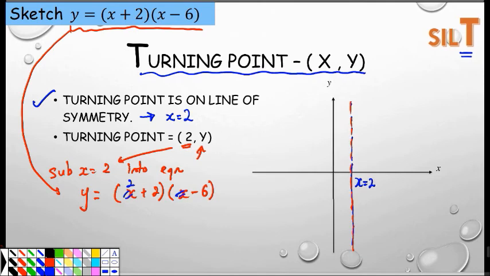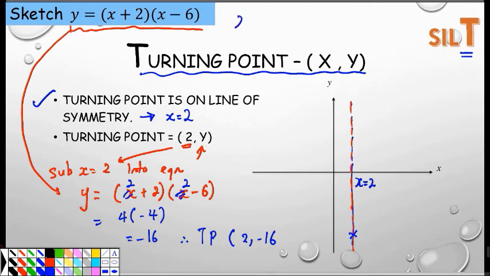I will have 2 here because I sub it in and I want to find the value of y. So we know this is 4 times negative 4. This is negative 16. Therefore, the turning point is 2, negative 16. So it's somewhere here. And because this is an x squared, it means it's a happy curve. I know it will be something like that.